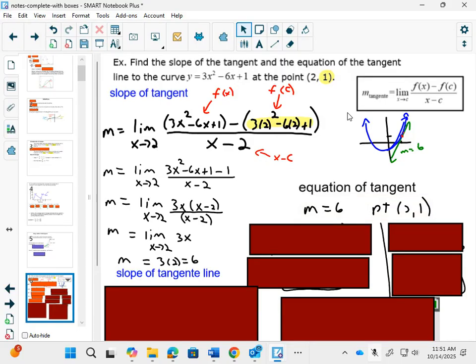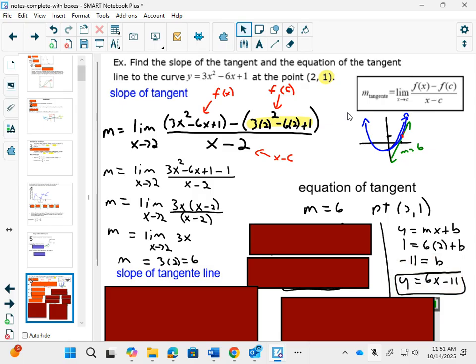So we know our point and we know our slope. And you have 2 options from grade 10. Equation of line. How many people think of y equals mx plus b first? Okay, then you could use the y equals mx plus b option, where you know the slope, you plug in the point, and you find b, and then you could write your equation y equals mx plus b.